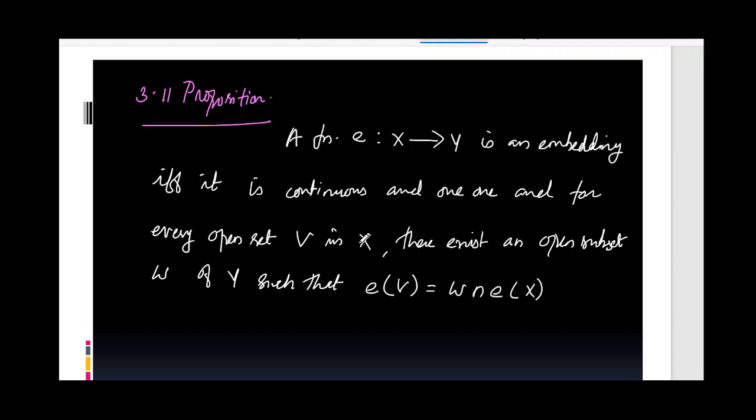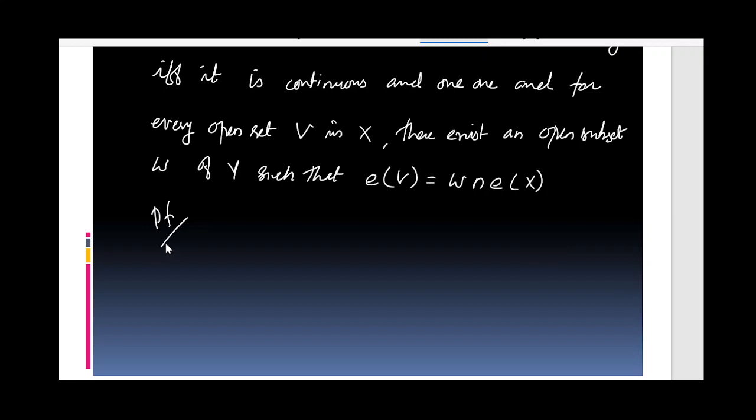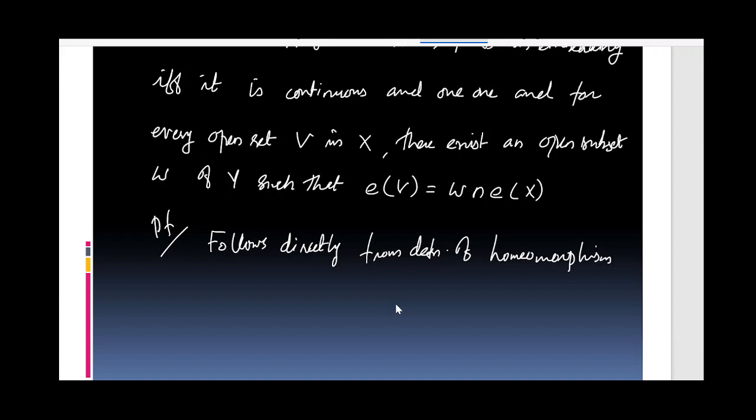And for every open set V in X, there exists an open subset W of Y such that e of V is W intersection e of X. It follows directly from the definition of homeomorphism and relative topology, because we are taking the open set as W intersection e of X.